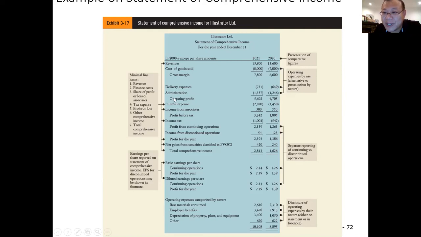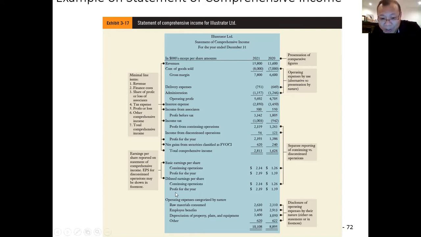So administration is a function, delivery is a function, cost of goods sold, right? So these are classifications based on function and use, okay? And this is optional, right? This is optional.